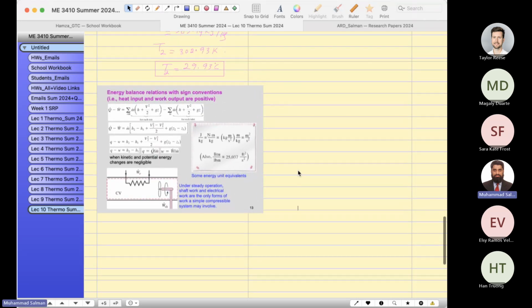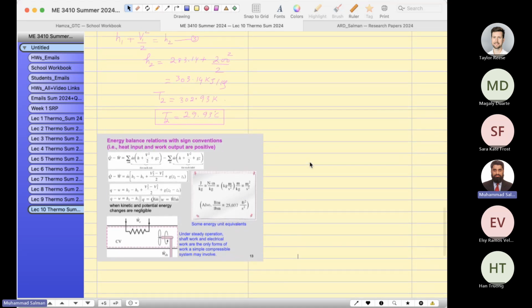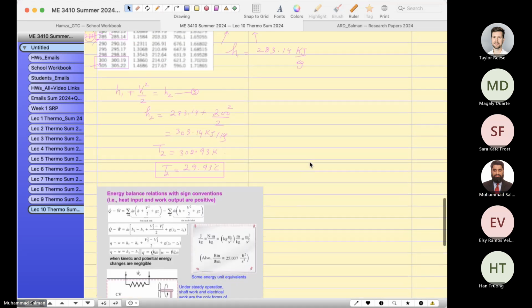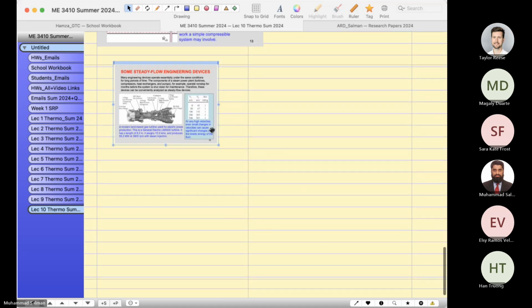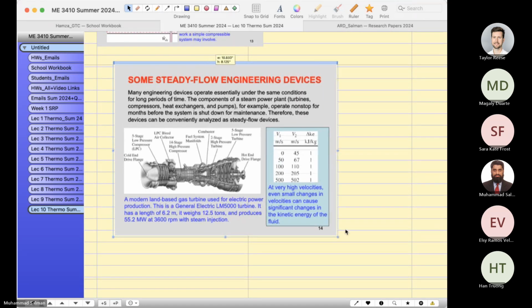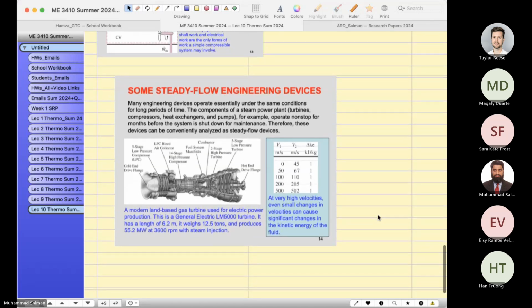You see, this is the energy first law of thermodynamics. Some steady flow engineering devices like jet engine.